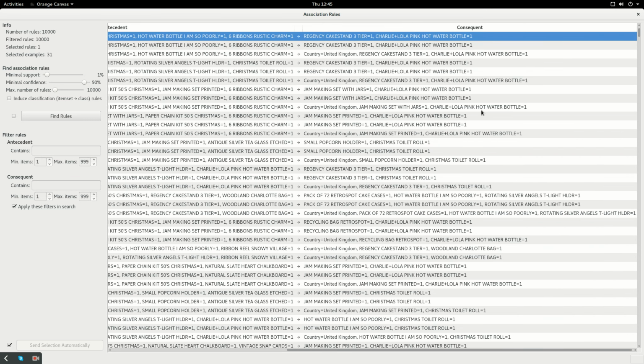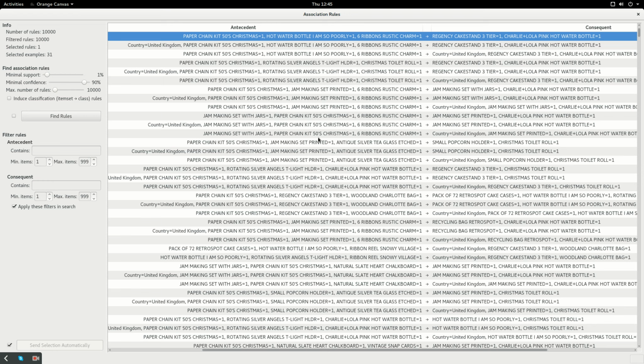How is this useful? It's excellent for our online recommendation. So now we know that, just like with Amazon, if you put into your basket the paper chain kit, the hot water bottle, and the rustic charm, we should definitely also advise the cake stand and another hot water bottle.